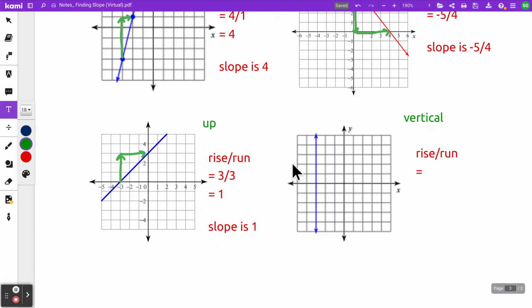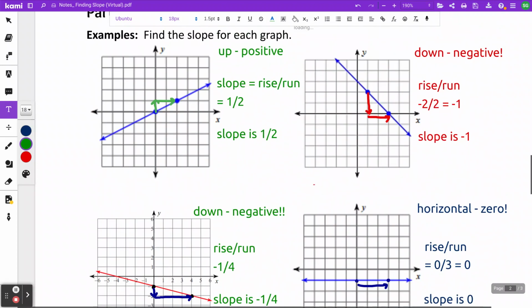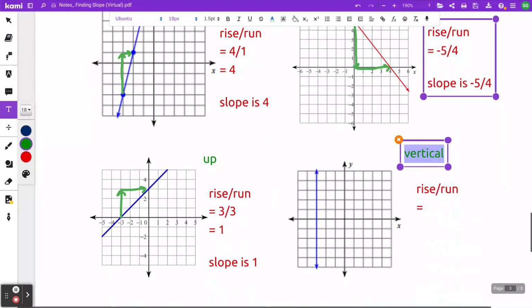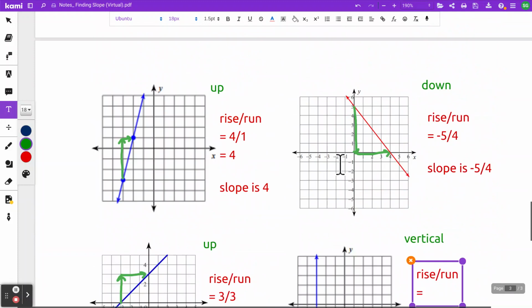For this final one, a good clue to what our answer is going to be is this word here, vertical. But let's say you did not notice this is a vertical line, and you did not look up at those notes we had taken earlier, and you tried doing rise over run. Rise over run here is different than what we saw with the horizontal line.